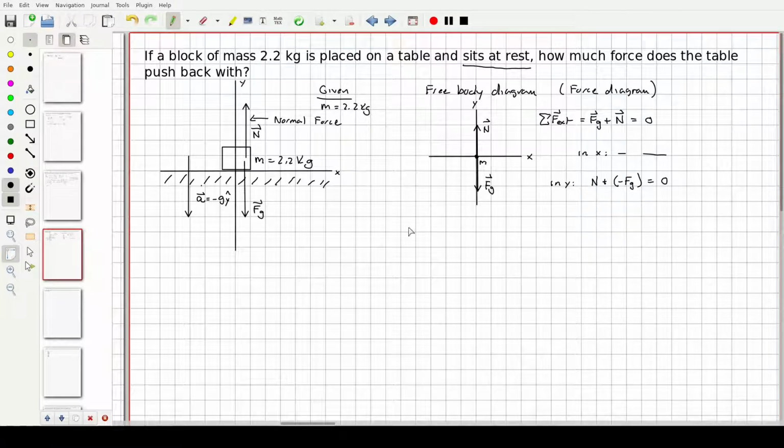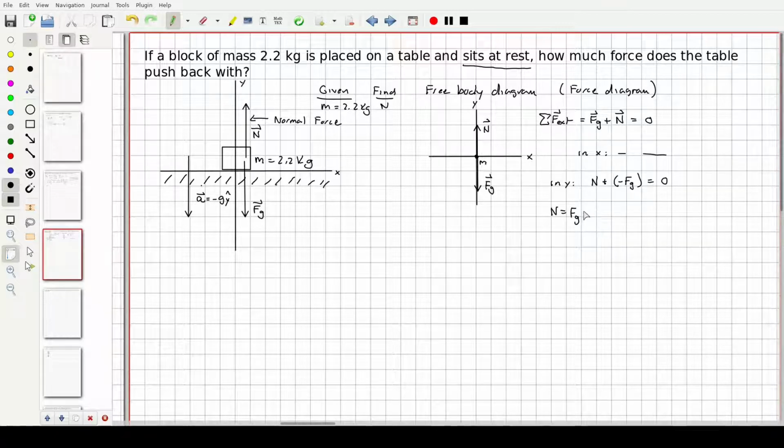Now, so if I want to find what the normal force is, which is ultimately what we're trying to find here, remember, how much force does the table push back on? All I do is solve for it. The normal force is equal to the force due to gravity in this case, in magnitude.